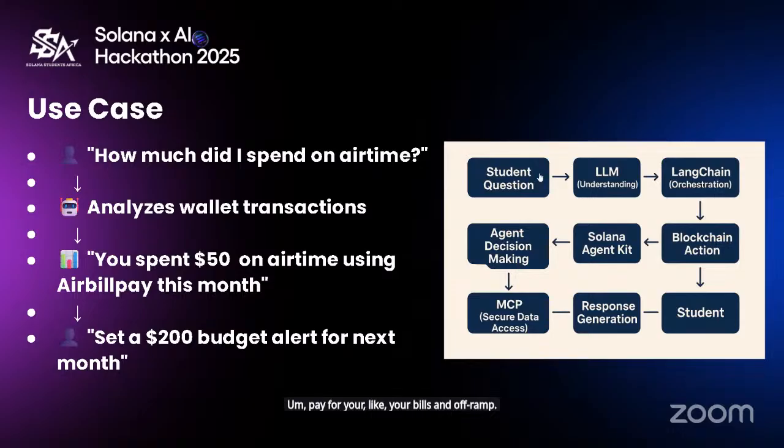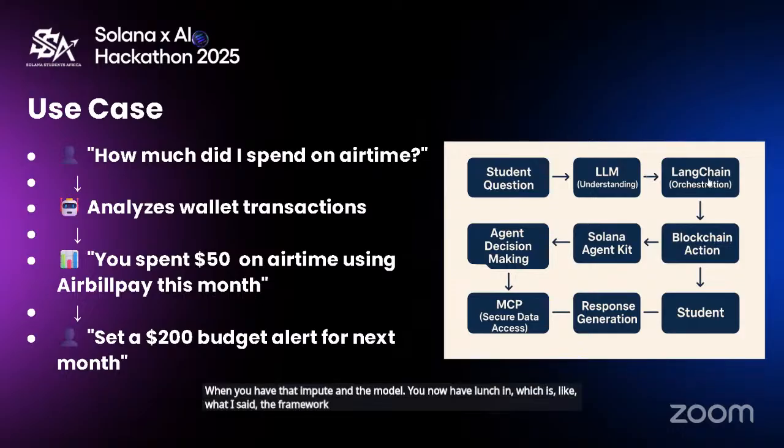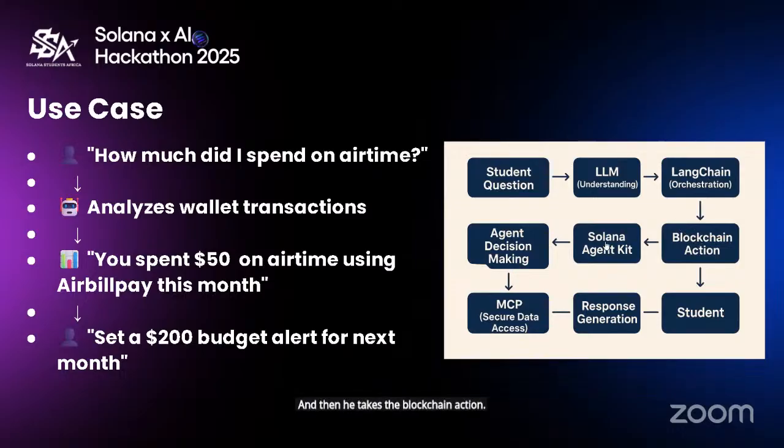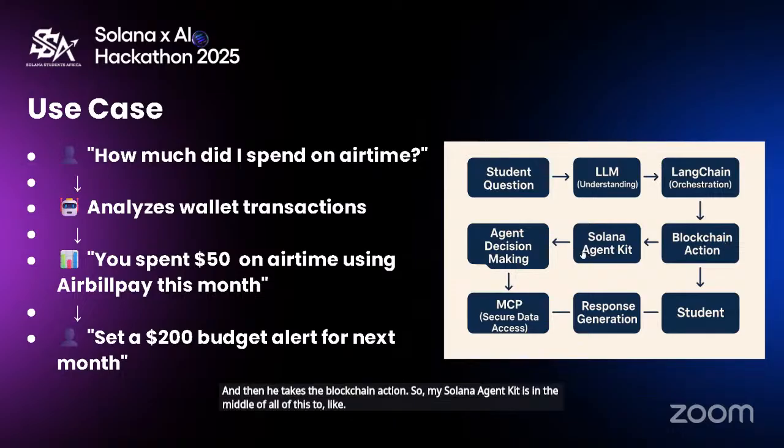And when you have that input and the model, you now have LangChain, the framework that actually handles everything. And then it takes the blockchain action. So my Solana agent kit is in the middle of all of this to give the interaction and the interface.